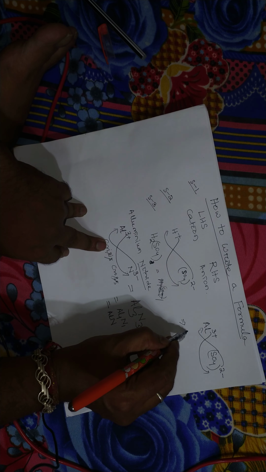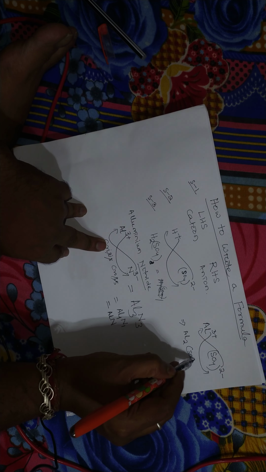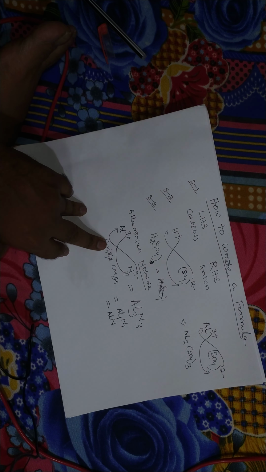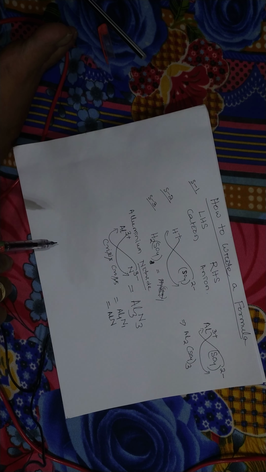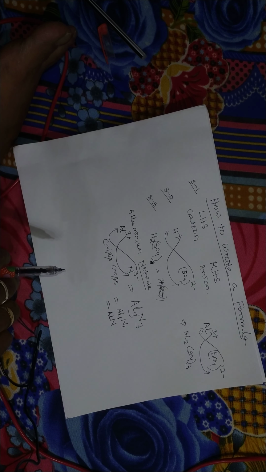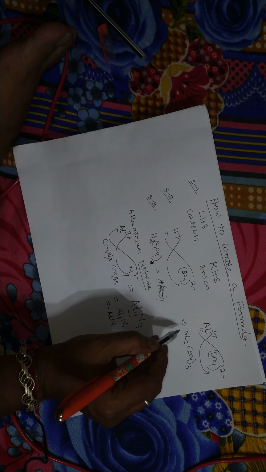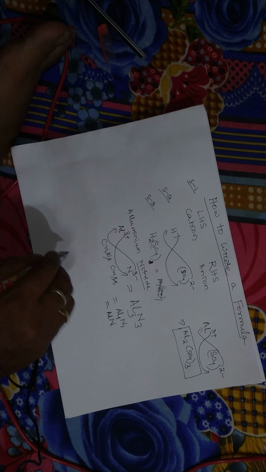Then the final result will be Al2 (SO4)3. So 2 and 3 have no common divisible factor, so no need to divide. The final result is Al2(SO4)3.